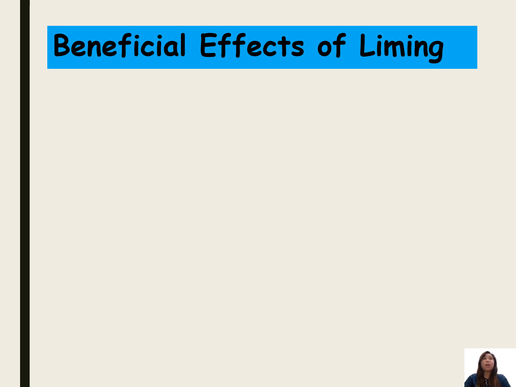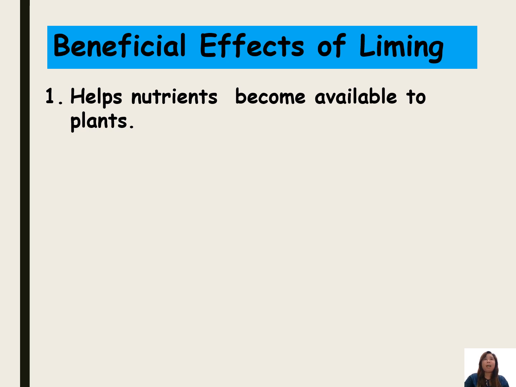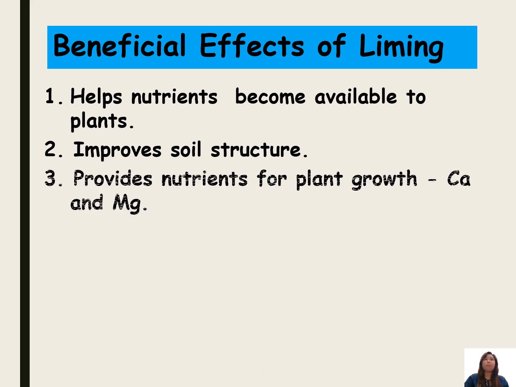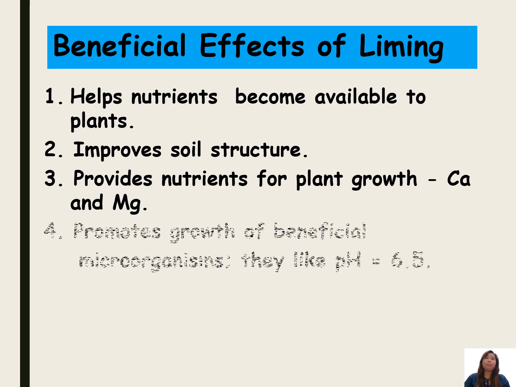Now, let us discuss some of the beneficial effects of liming. Number one, it helps nutrients become available to plants because, as we discussed earlier, some of the nutrients or essential elements for plant growth are not available when the soil is acidic. It can also improve your soil structure. It can also provide nutrients for plant growth, such as an additional source of calcium and magnesium.